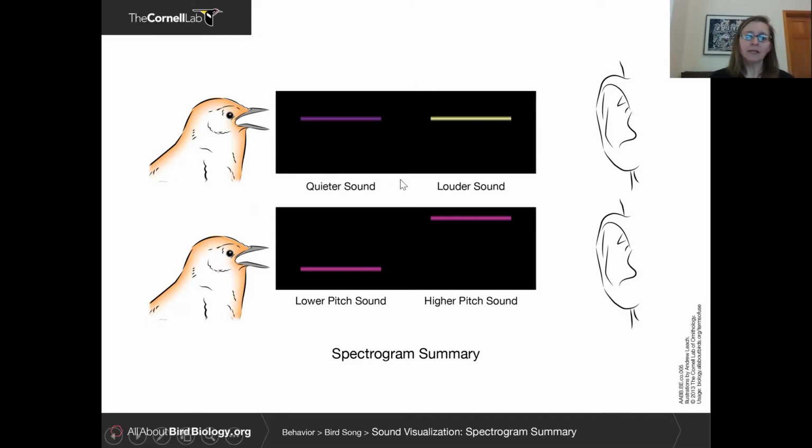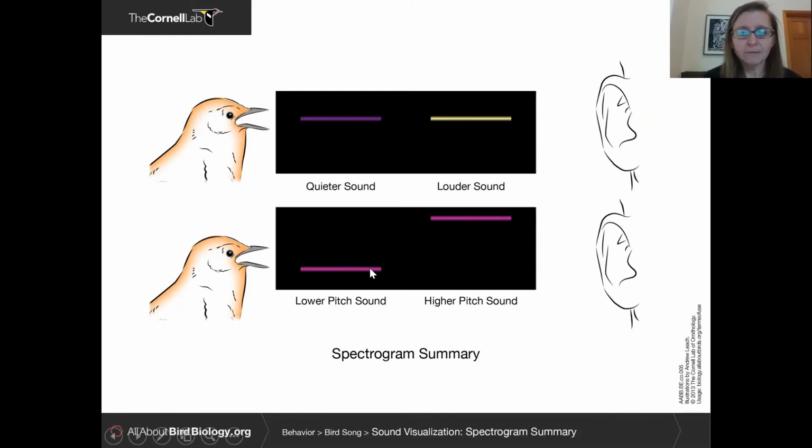And so here the color scale is going from something that's like blue up to something that's close to yellow or white. And so the only way that we can tell that these two sounds are a different volume is just because they have a different color to them, okay? And you'd have to know what that scale is to know which one is the quieter sound and which one is the louder sound, because we see no information visually other than the color in these two sounds. It's because they're happening at the same pitch.